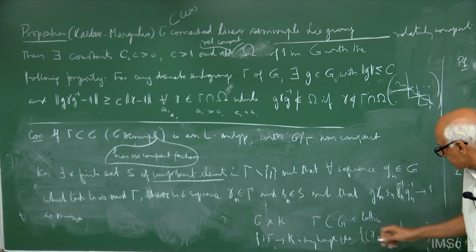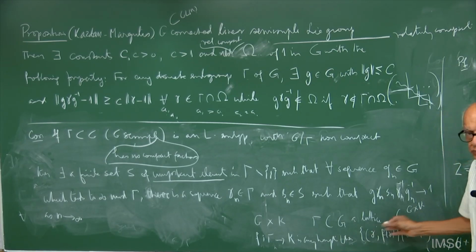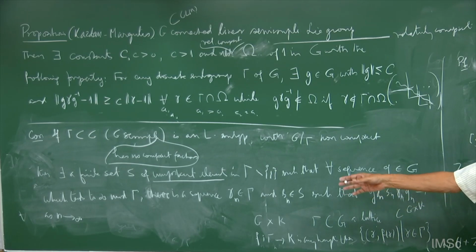This becomes a lattice in G cross K. Because K is compact, if G mod gamma is an L subgroup in G, then this becomes an L subgroup. And now, even if gamma is unipotent, f gamma, if it's non-trivial, is not going to be unipotent. And the pair is not going to be unipotent. So in a trivial way, it will fail. So to avoid that, you have to assume that there are no compact factors.